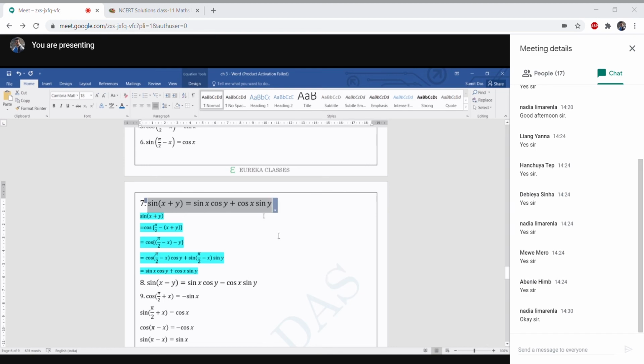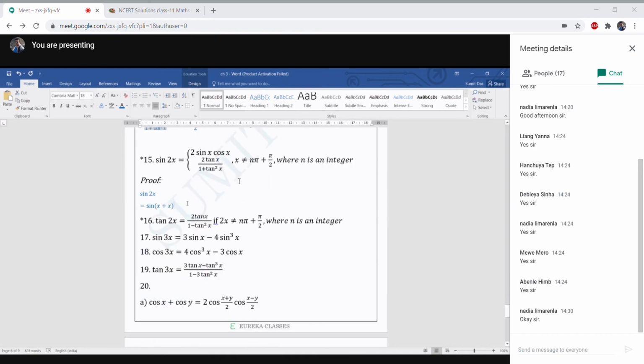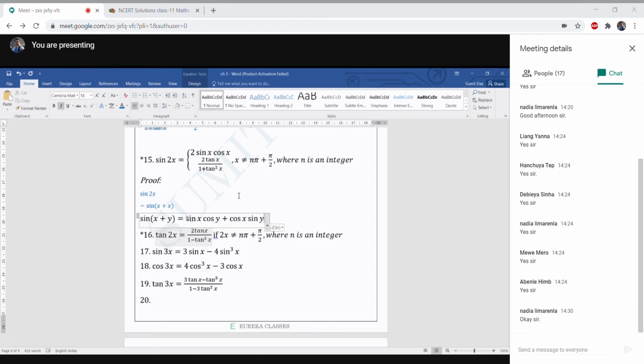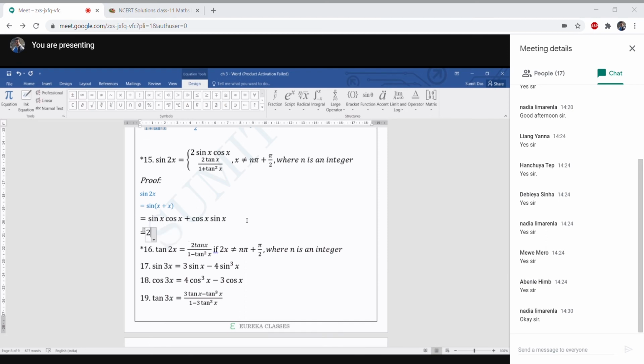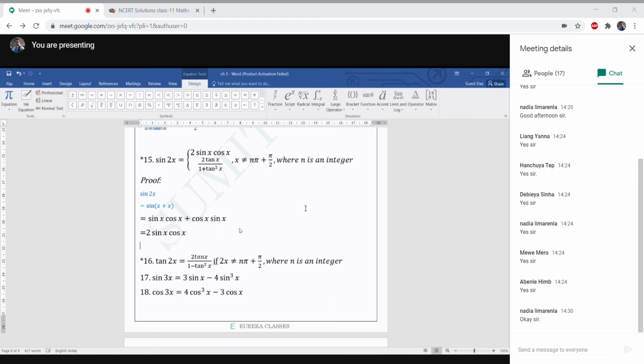We can use this formula. Here both are x, so we'll replace y with x. Okay, so we got sin x cos x plus cos x sin x. So ultimately it will be 2 sin x cos x.